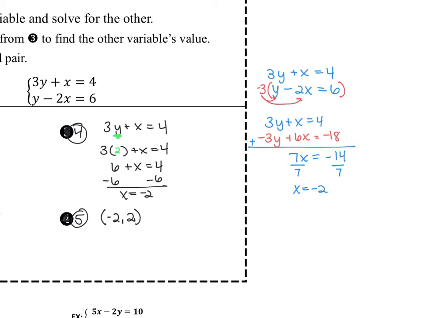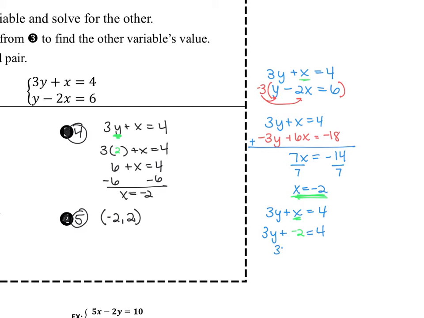And now I can take the fact that x equals negative 2, and let's plug it into one of my equations. Let's go back to that same 3y plus x equals 4. So 3y plus x equals 4. And in place of x, I'm going to put negative 2. So 3y plus negative 2 equals 4.